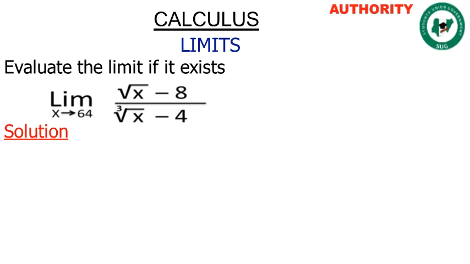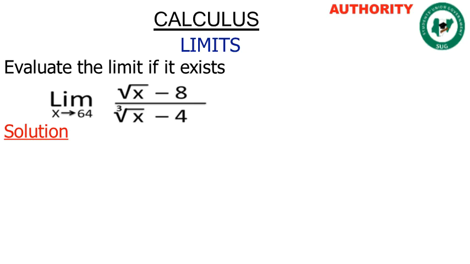We have the limit as x approaches 64 of square root of x minus 8, all over cubic root of x minus 4. Now we want to rewrite our function in another form.